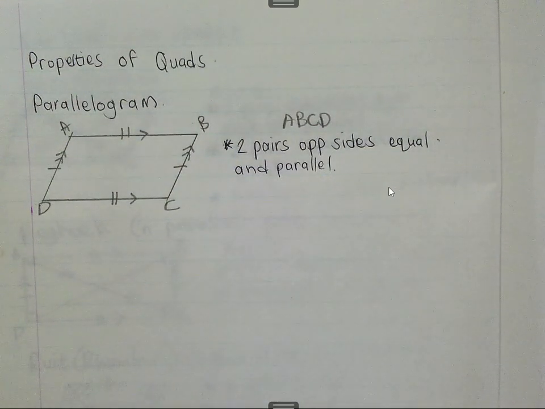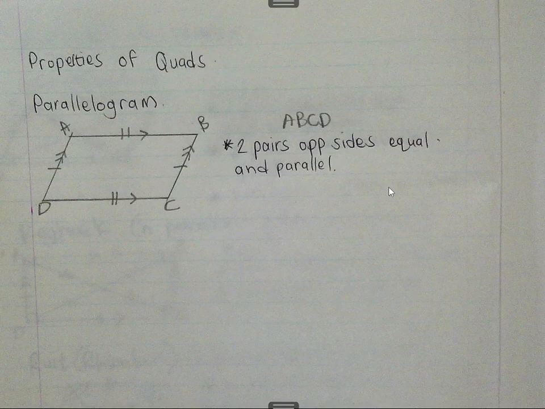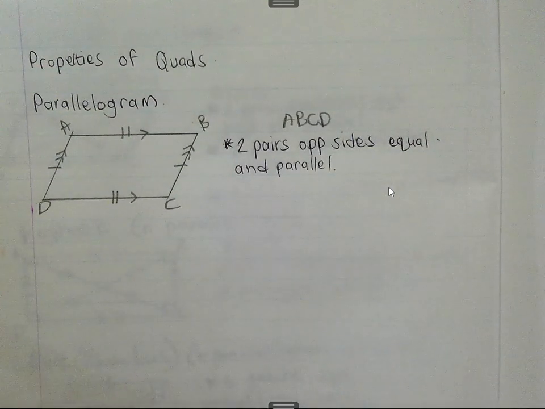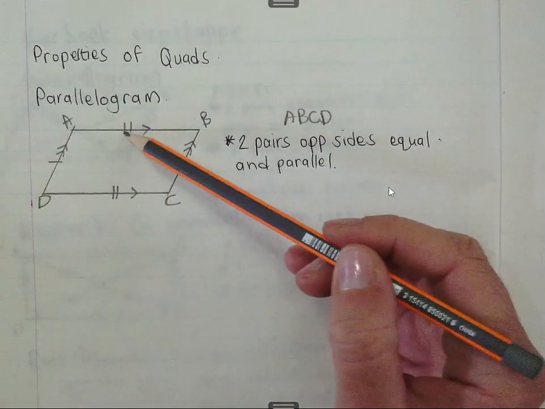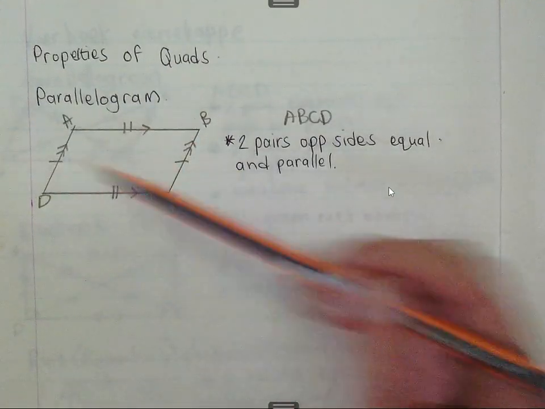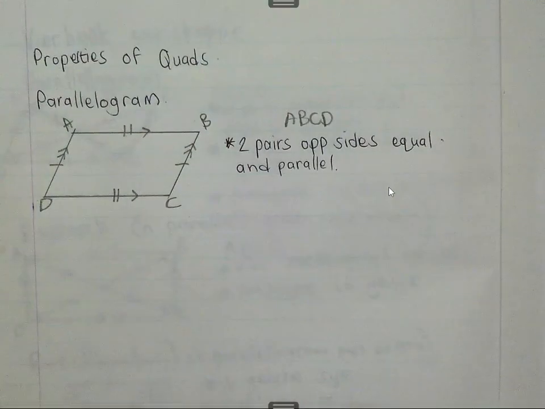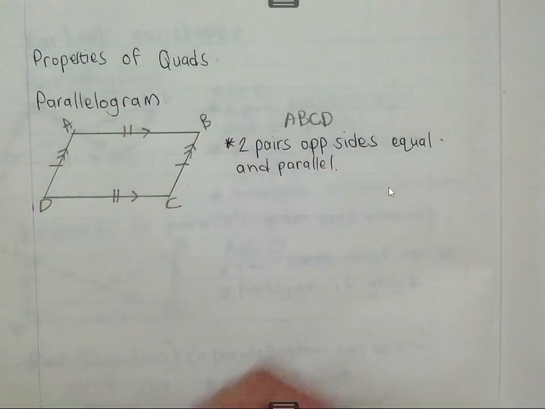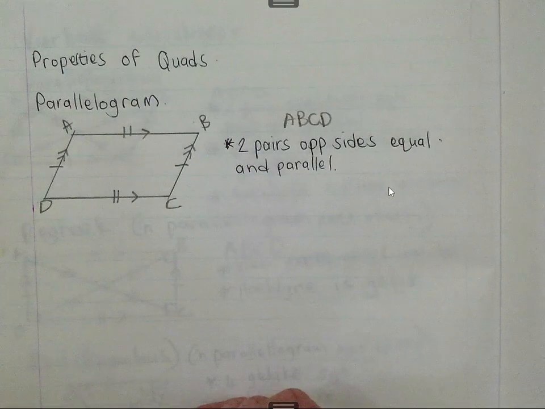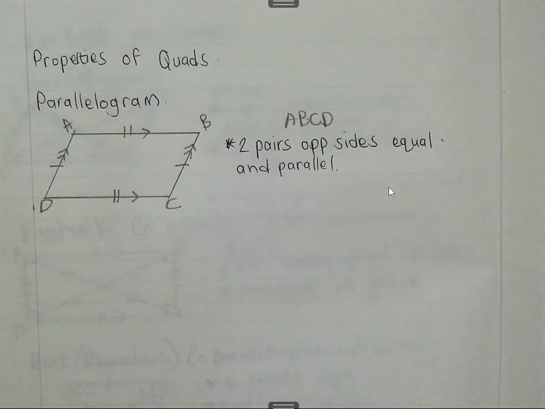Now when we look at the paper that's in your book, you will also see when you have to prove something is a parallelogram using the sides, you can either prove that two pairs of opposite sides are equal, then it's a parallelogram. Or two pairs of opposite sides parallel, then it's a parallelogram. Or one pair of opposite sides equal and parallel. That makes it a parallelogram, but it's in your book as well. That's not as important right now.